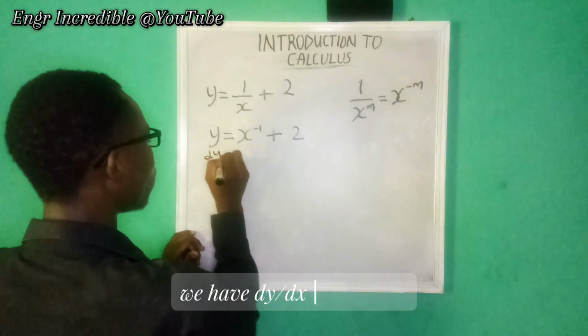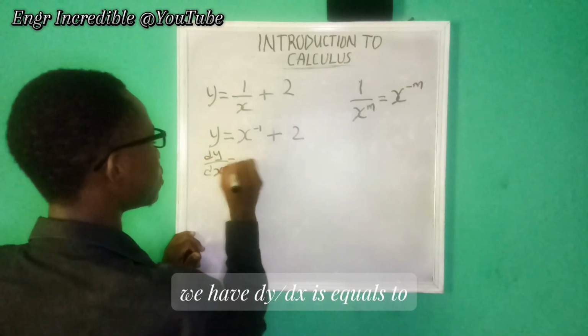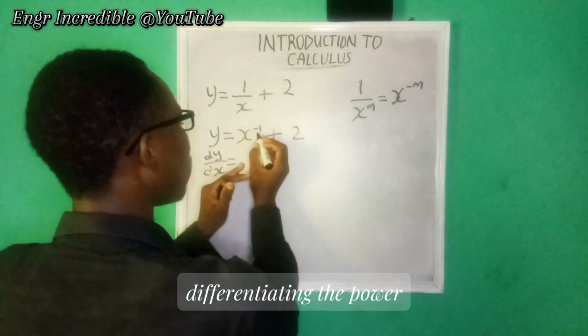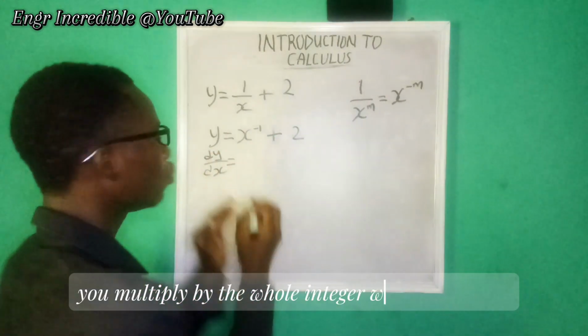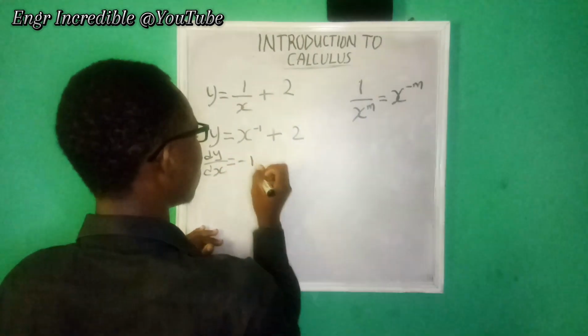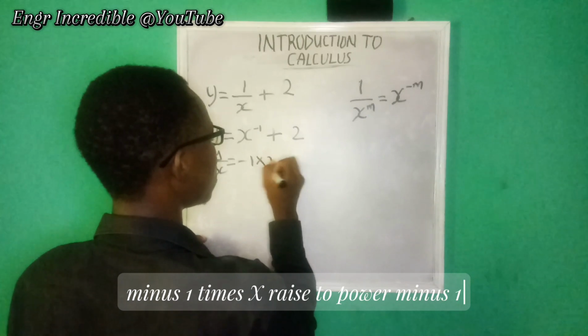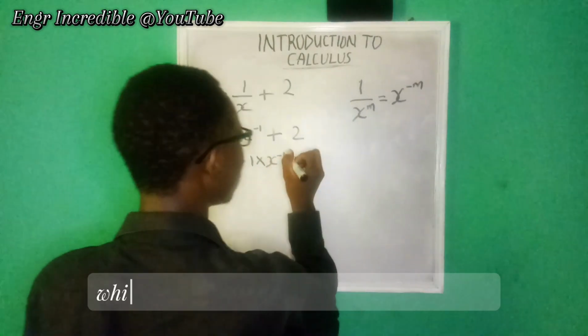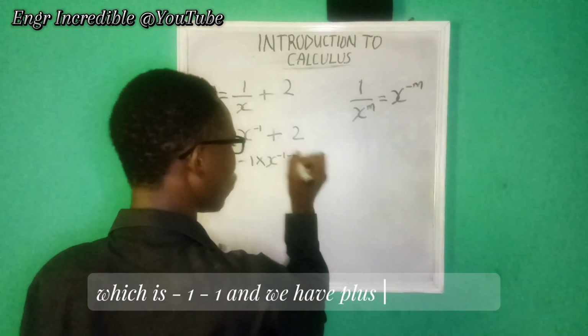We have dy/dx equals, as I said earlier, when differentiating, the power you multiply by the whole term. We have minus 1 times x raised to power minus 1. Then you now remove 1 again, which is minus 1 minus 1.